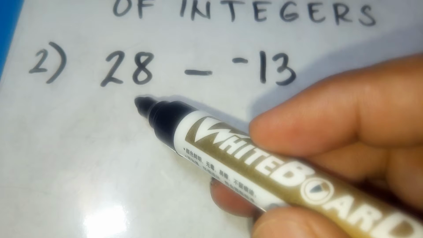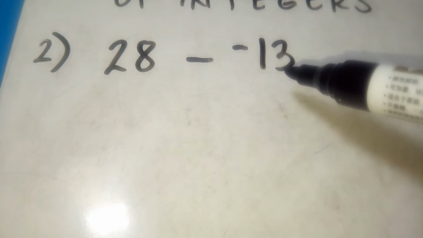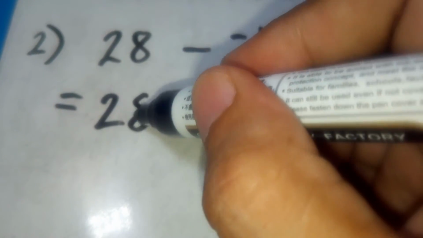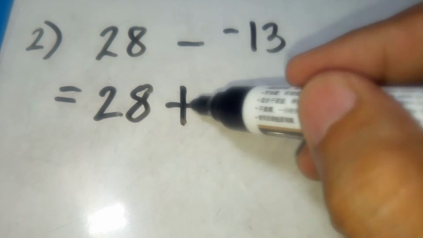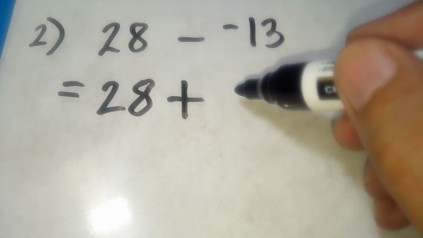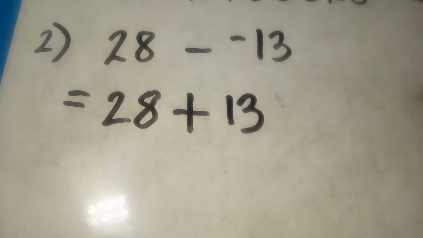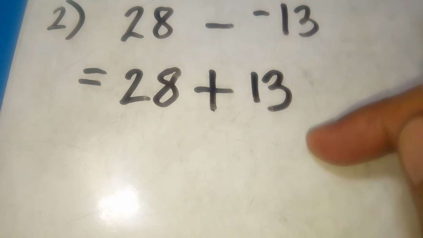Let's have example number 2: 28 minus negative 13. First we have to apply CAO. Copy the minuend 28, then add the opposite of our subtrahend, which is negative 13. So that's positive 13. In this case they already have the same signs.